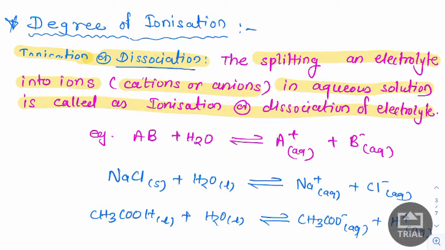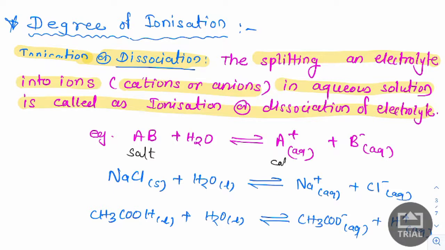For example, consider AB, a salt. When this salt is dissolved in water, or water is added to the salt, the ions of the salt get solvated. It forms the solvated ion of the cation and the solvated ion of the anion.